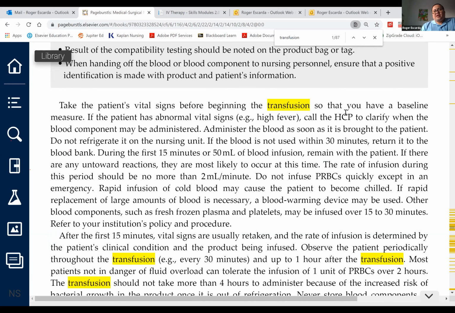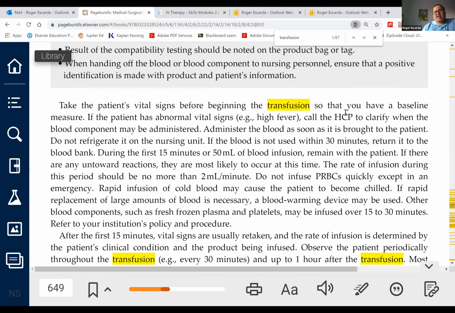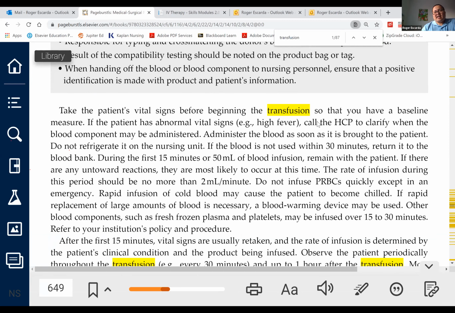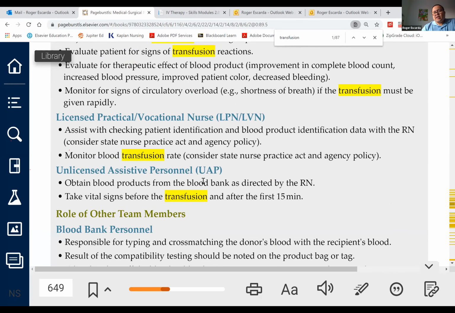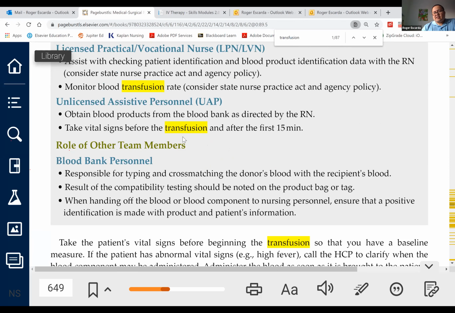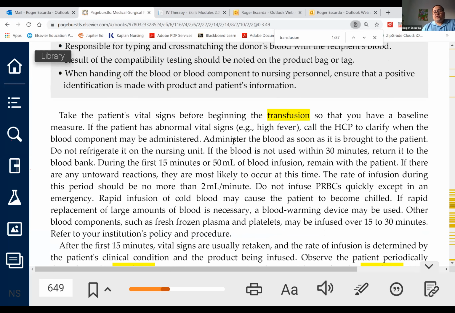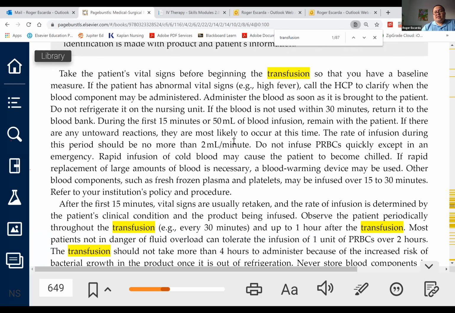Again, let me repeat. Before the transfusion, you take baseline, right? That can be done by the UAP. Again, you're a very busy RN, so you can delegate that. You ask your CNA, because nothing's happening yet, can you please take a set of vital signs for me? No problem, your CNA gets it. And then now you've started the blood, you've checked it with the LPN.